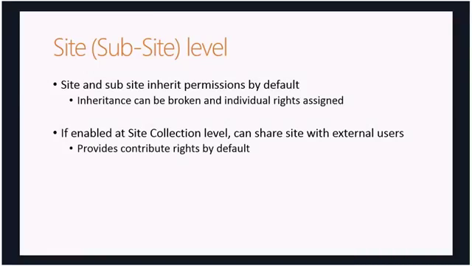And when you do, users will receive contribute rights by default. So if you share with external users, the default option is they can read, write, and delete. So beware of that. If you don't want them to have that, make sure that you set that to read only.